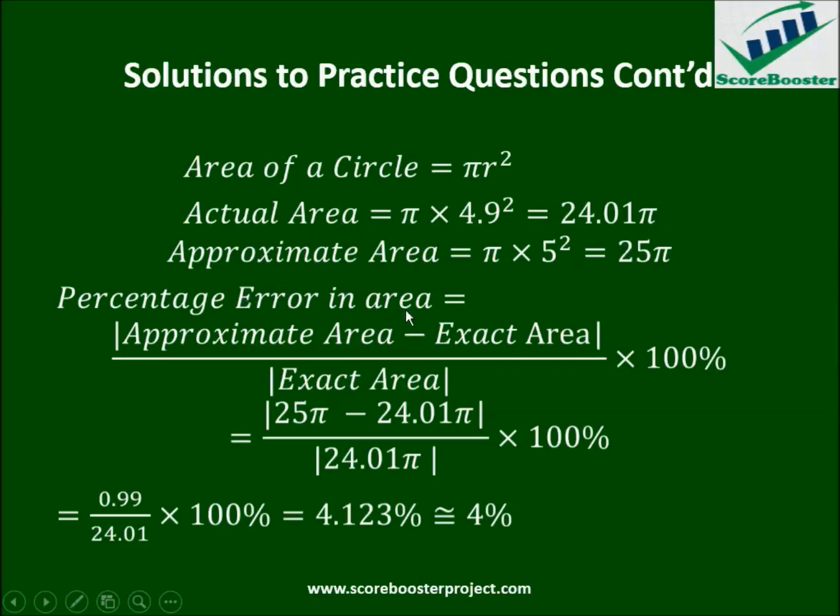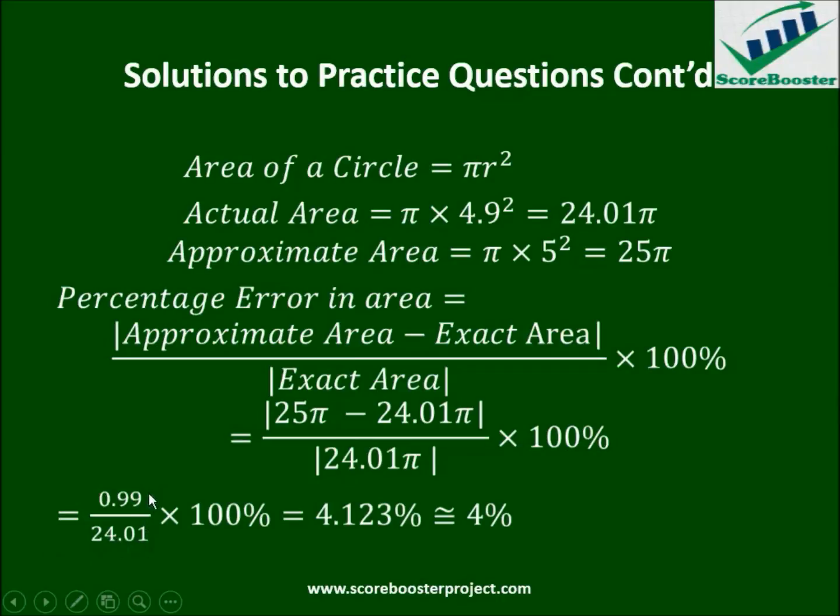So the percentage error in the area is equal to the absolute of the approximate area minus the exact area, divided by the absolute of the exact area, times 100%. Which is equal to the absolute of 25 pi minus 24.01 pi, divided by the absolute of 24.01 pi. When you evaluate this, you arrive at 0.99 pi over 24.01 pi.